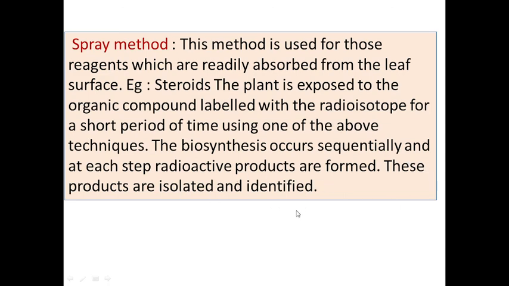So all these are the different techniques for introduction of label compound or radioactive isotope into various plant parts to elucidate the biosynthetic pathway and to see what different radioactive products are formed. So this is about the introduction of label compound into the plant part.